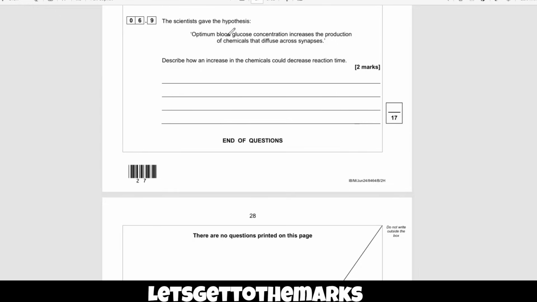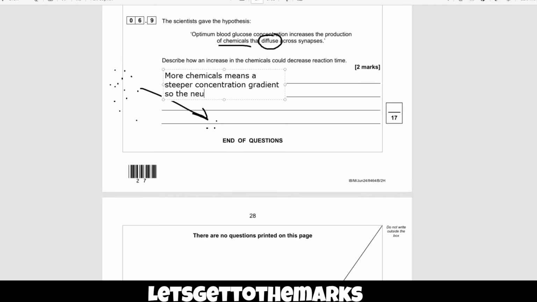When I think about it, in the production of chemicals that diffuse across the synapse, the key word is diffuse. So if we have more chemicals that are going to diffuse across the synapse, there is a steeper concentration gradient. The chemicals will diffuse faster. So more chemicals, or neurotransmitter, means a steeper concentration gradient.